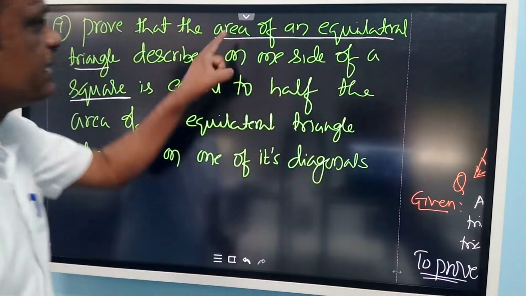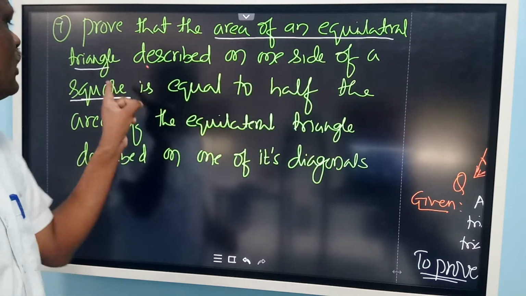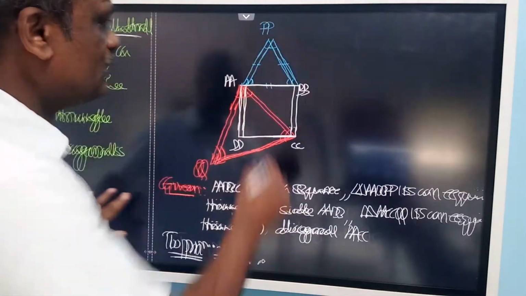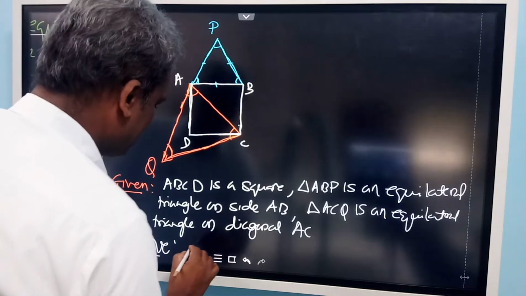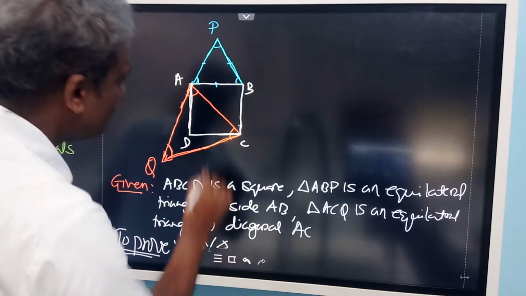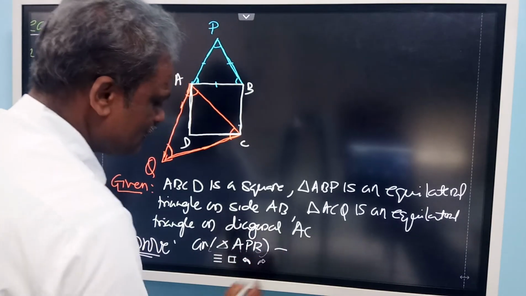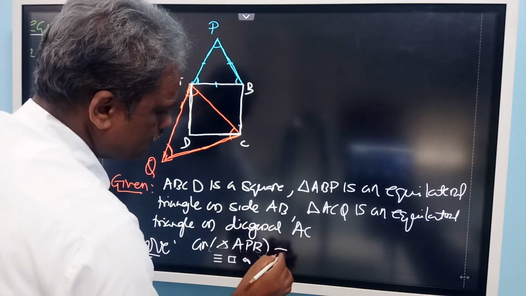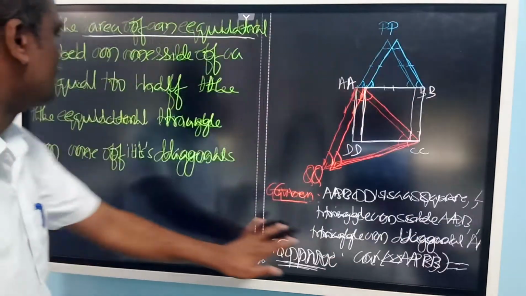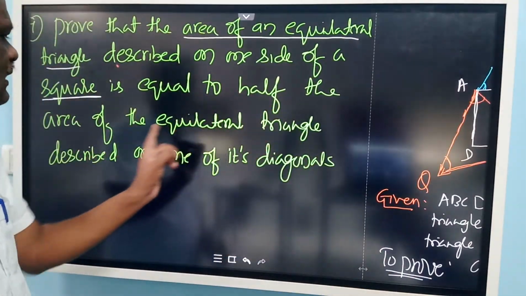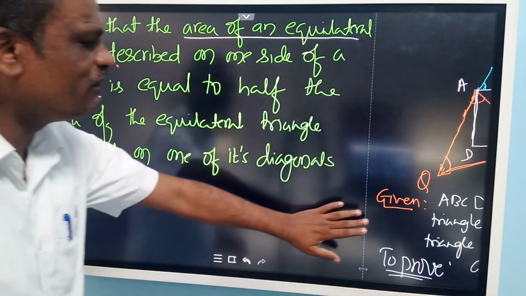So look at this. The area of an equilateral triangle described on one of the sides of a square. So area of triangle APB is equal to half the area of the equilateral triangle described on one of its diagonals.